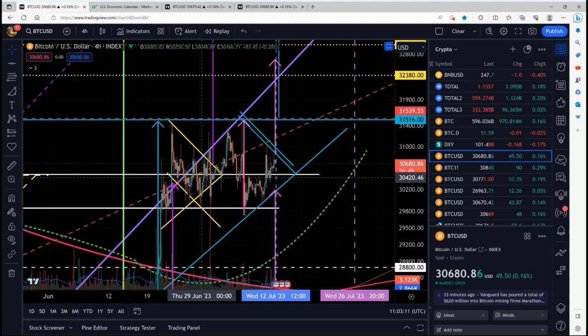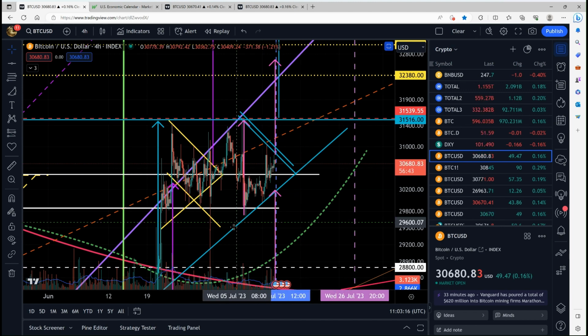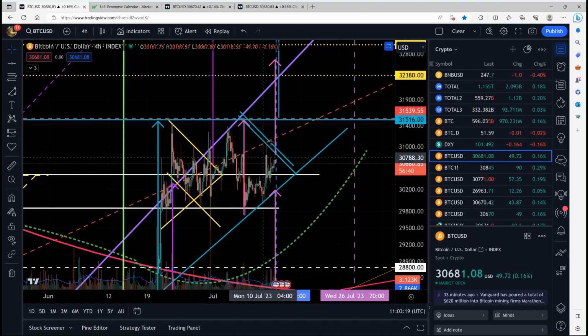so from this symmetrical triangle here, and into this ascending triangle that we're forming, we are also forming another perfectly symmetrical triangle centered around 30,480, and it is a perfect duplicate of our previous triangle.